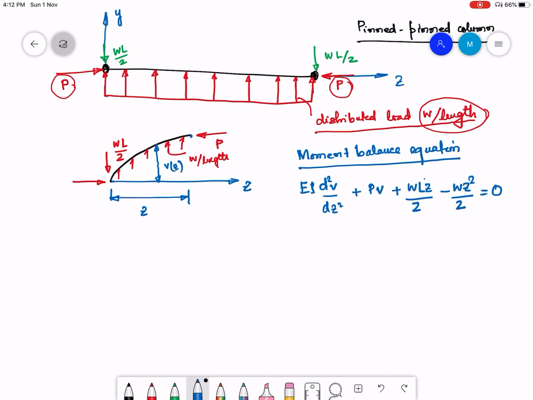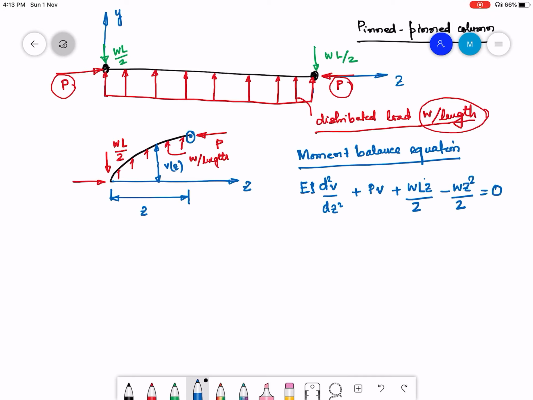I'm taking moment about this point. EI d2v by dz square is the moment because of the curvature, Pv is the moment component due to the axial load, WLz by 2 is because of the reaction, and minus Wz square by 2 is because of the distributed load.